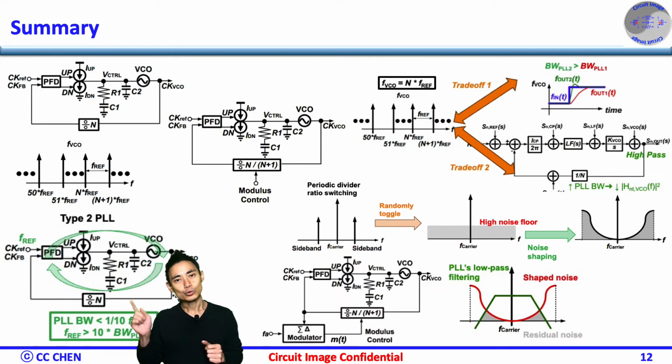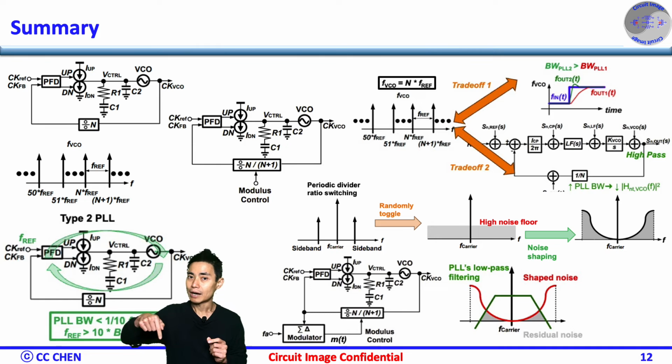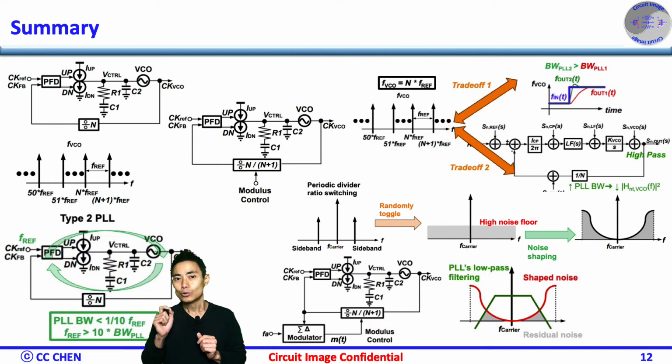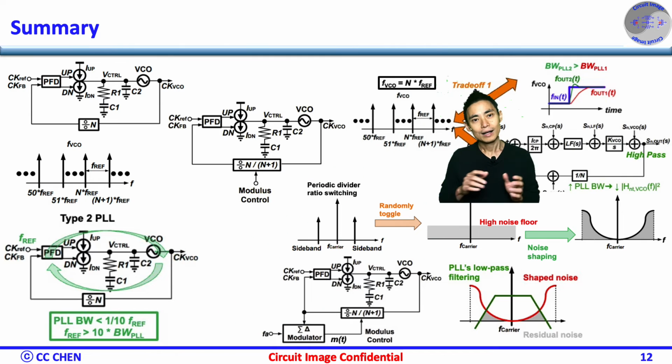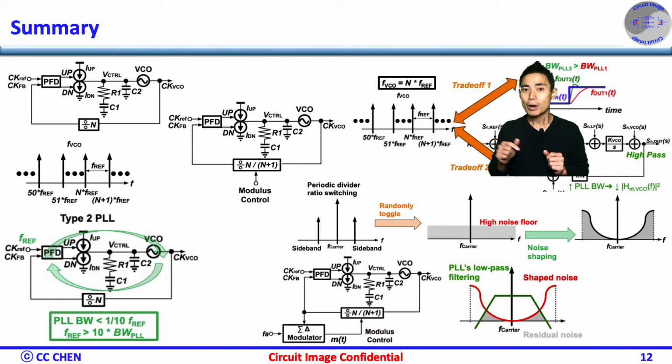Unfortunately, to ensure the PLL can be stable, the PLL bandwidth must be low enough, or at least 1/10 of the reference frequency. Then, the low bandwidth causes both the PLL lag time to be longer and a higher output jitter from the VCO contribution.